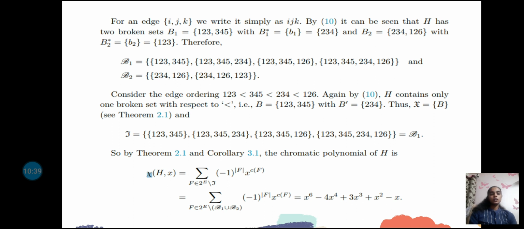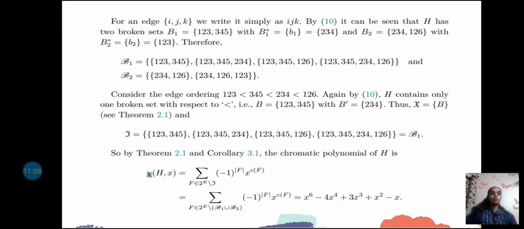For an edge {i,j,k}, we write it simply as ijk. By 10, it can be seen that H has two broken sets: B1 = {123, 345} with B1* = B1 minus its last edge = {234}, and B2 = {234, 126} with B2* = {123}.